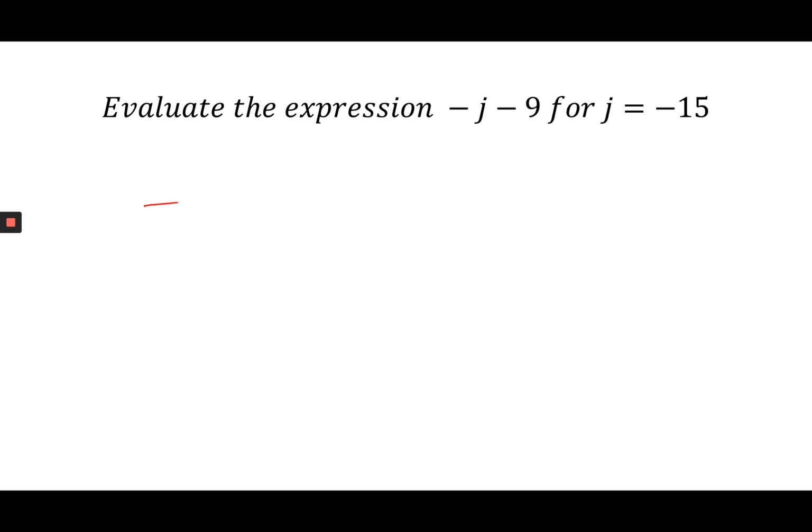Negative j, negative comes from the question, and then j is negative 15, minus 9. Again, you need to be super careful. We have negative here. When we see negative, what do we do? We just make it positive.